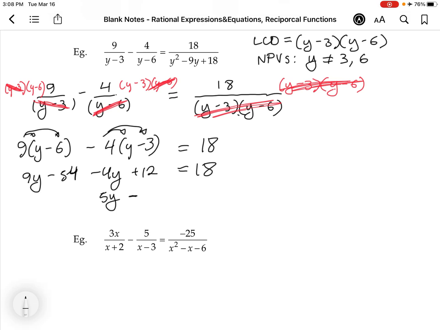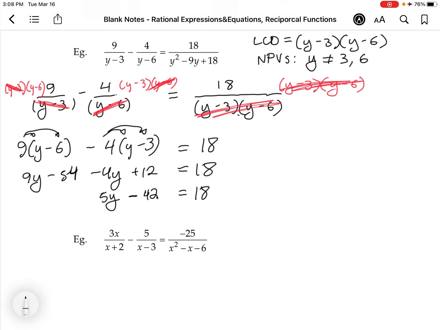I think so. No, wait. Why can't I do math today? 54 minus, let me think about this. 54 minus 12. No, 42. Yeah, that's better. Sorry about that. Equals 18. There you go.